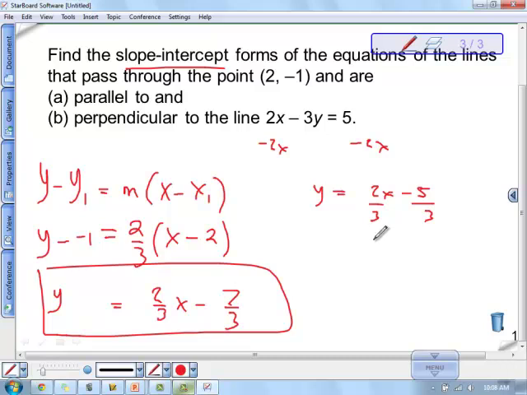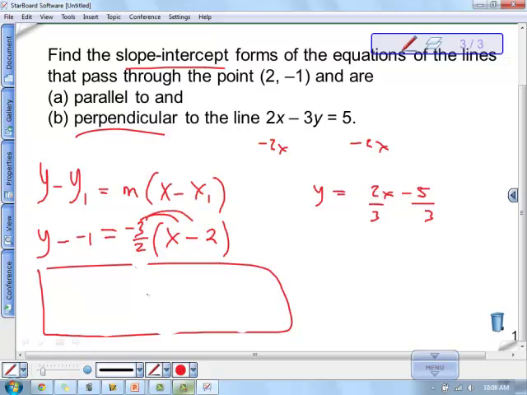Okay. Now for part B, they want perpendicular to this line. A perpendicular slope is not going to be 2/3, it's going to be negative 3/2. So that's going to simplify to a different equation. I plug in the same x1, y1 for my point, but the slope is going to be the opposite reciprocal of 2/3, so negative 3/2. Okay?